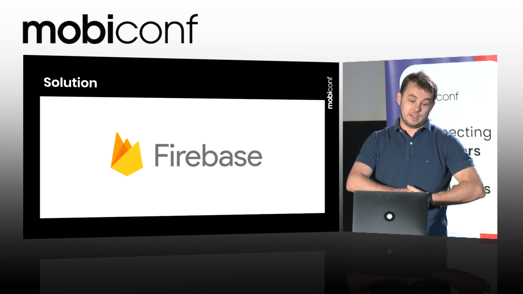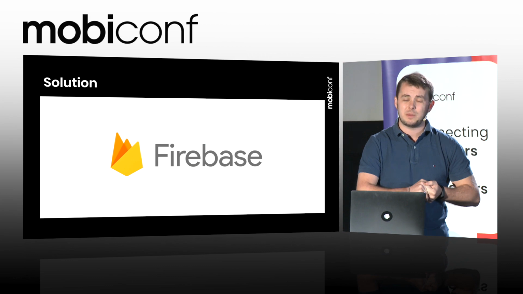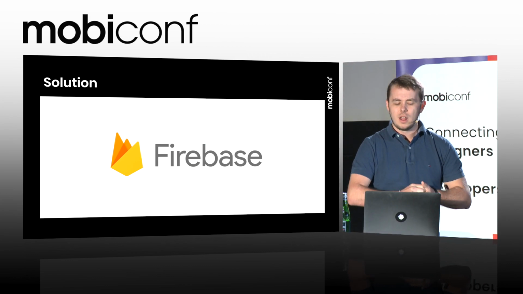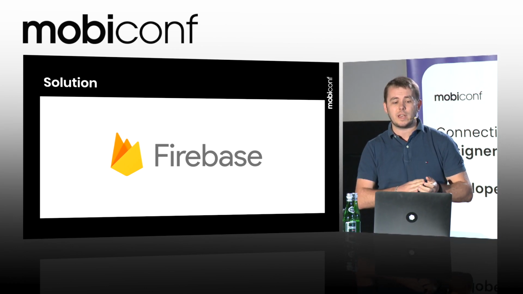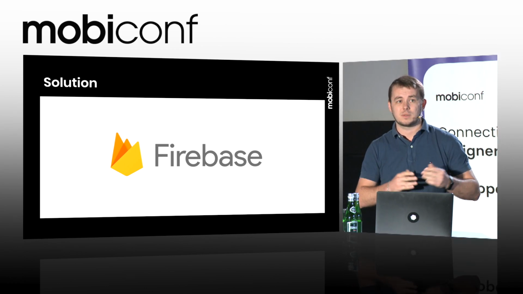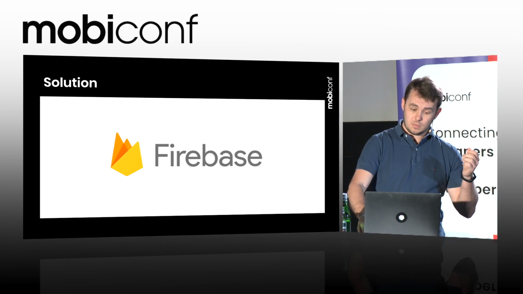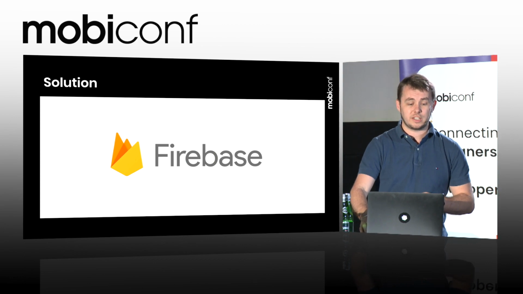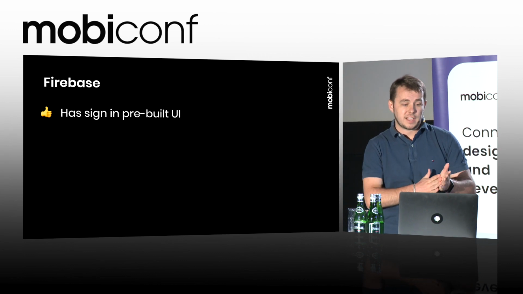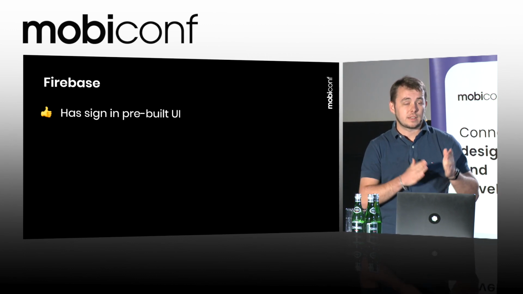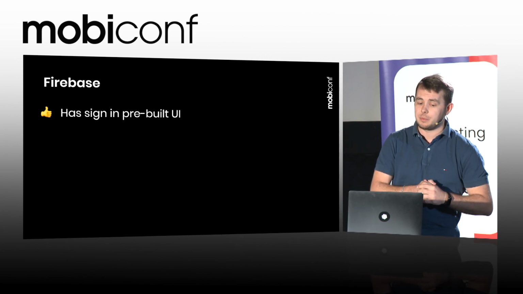The solution is Firebase. In Firebase, there is an option called Firebase Authentication, as far as I remember. And it provides a really nice and smooth way to add sign-in and sign-up functionality to your app. So let's move slowly through it and check which features it has. One of them is that the SDK from Firebase already has a pre-built UI.